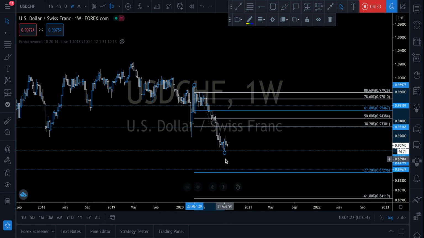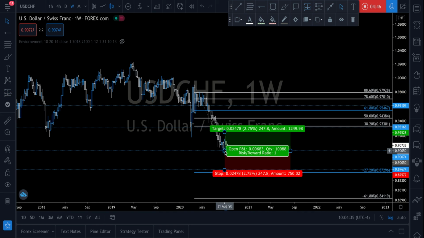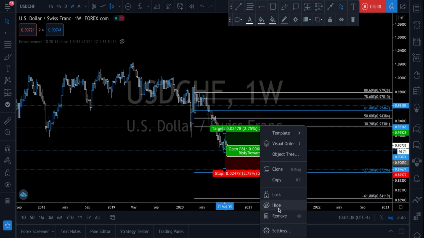But for now, we could just insinuate that this will be a reversal, since we are seeing some consolidation right here, and there wasn't some heavy continuation as we've seen in the past. So that being said, we can use this as our starting reference point, and that's why we're going to mark this up right here. But I'm just going to hide this real quick.